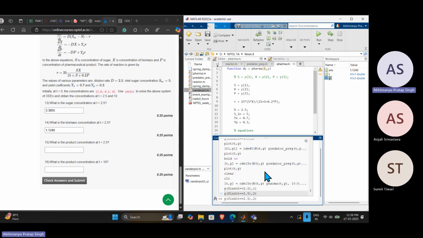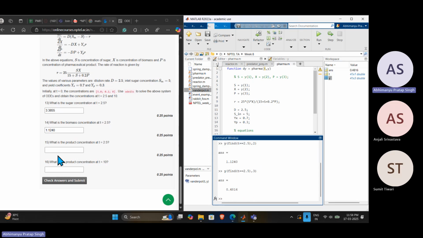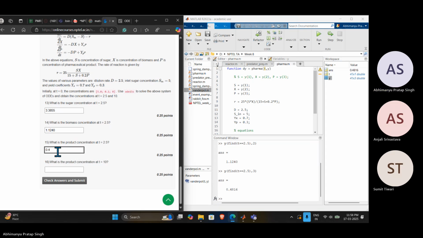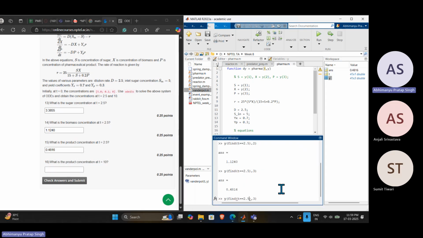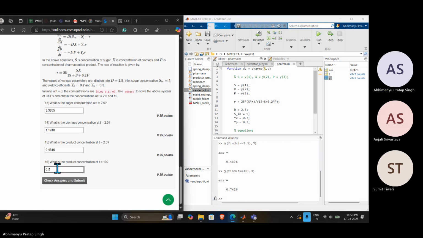Product concentration, the third one, 0.4816. And then the product concentration at 10, 7426.